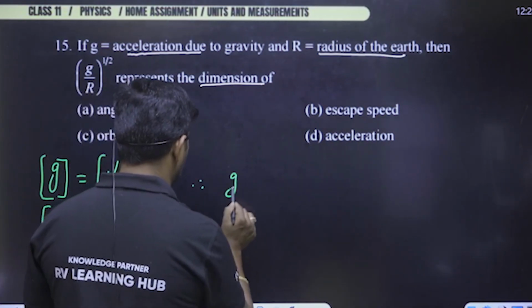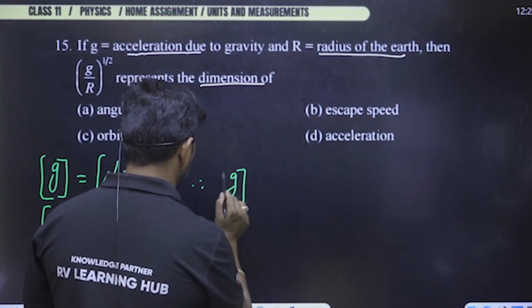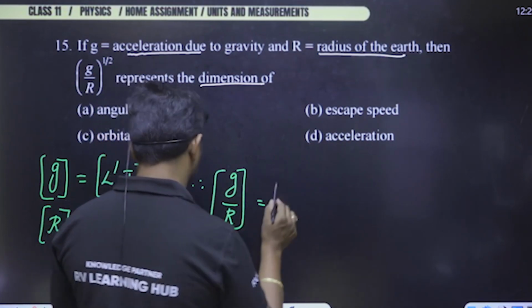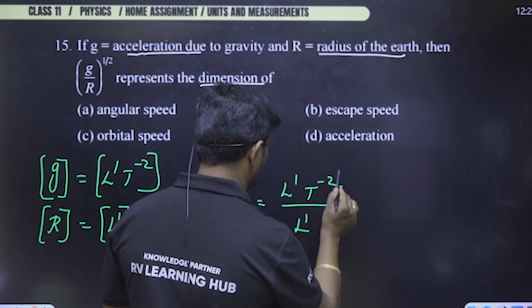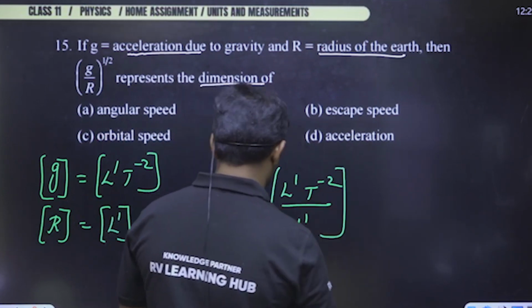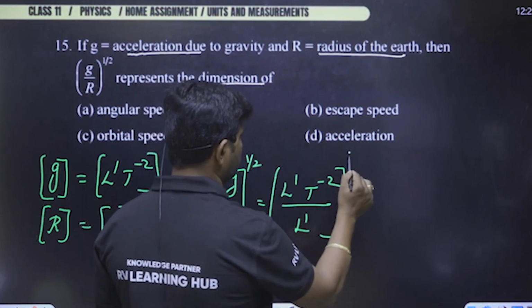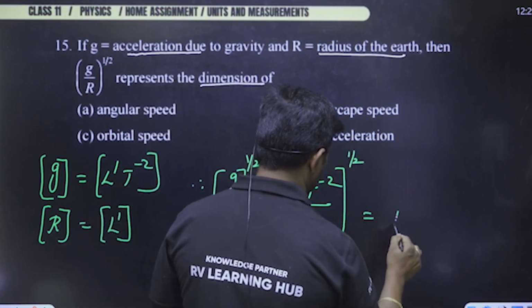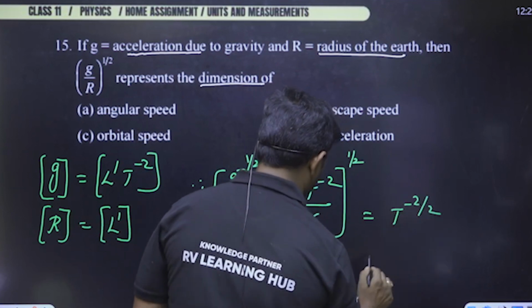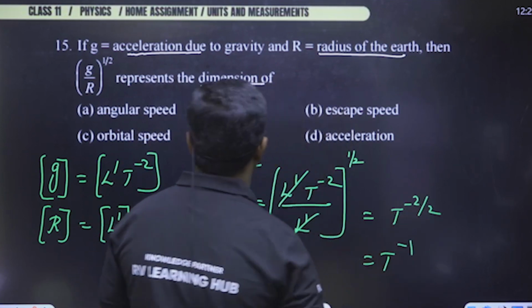Therefore just calculate g by R. g by R means L power 1 T power minus 2 divided by L to the power of 1, and the whole power 1 by 2 is there. You should not forget that here. L power 1 will get cancelled. So minus 2 by 2 is nothing but T power minus 1.